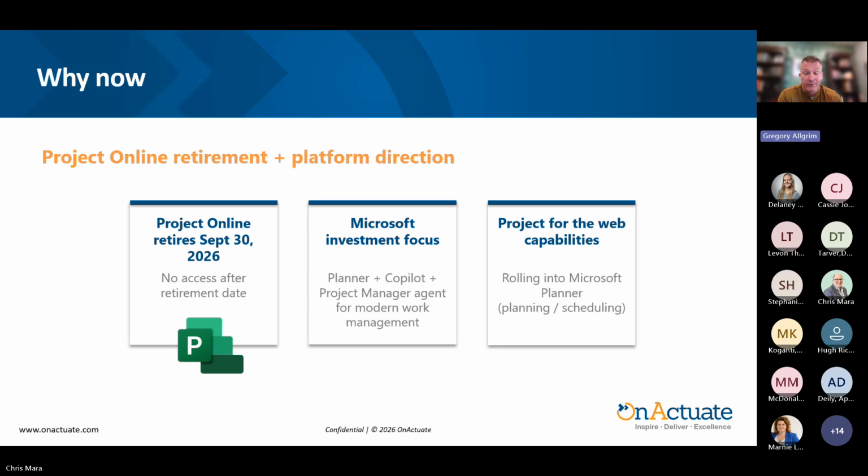In this case, at the end of September, and really what Microsoft is interested in promoting is having a more holistic approach of project management tools that encompass Planner, which we'll talk about, Copilot, the wonderful AI capabilities that are interspersed throughout all of Microsoft technology, and then the project manager agent for work management.